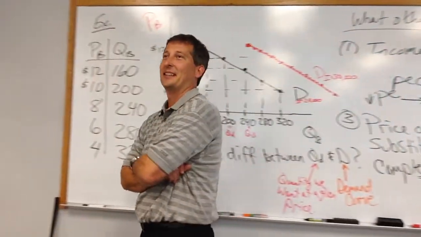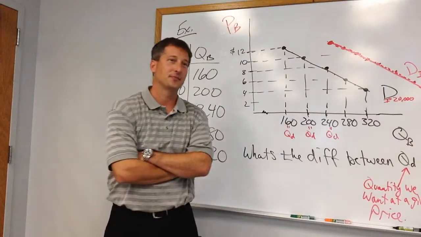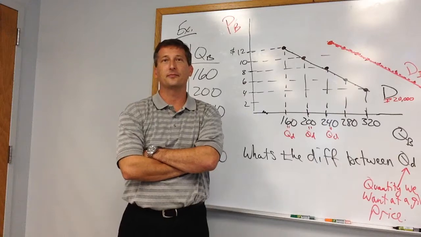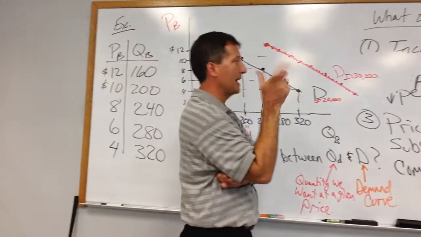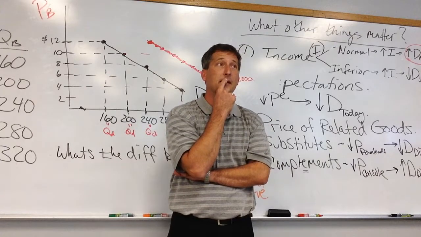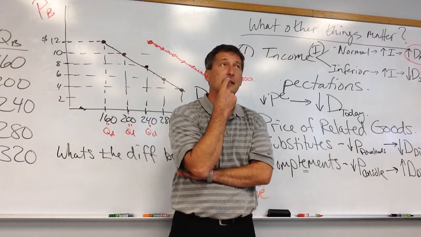Left. Why? Because you are going to be less willing to spend that much money on pretzels. What's the connection then between pretzels and beer? Due to the price increase, your quantity demanded is less.